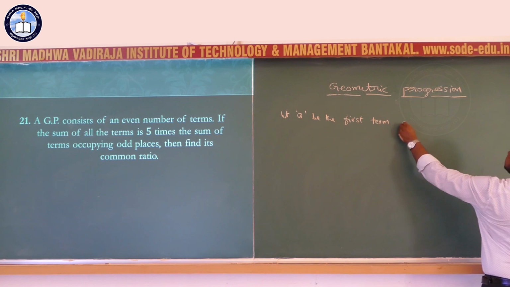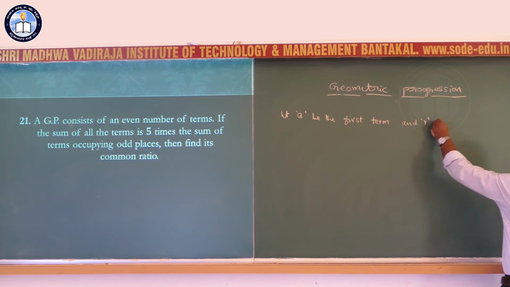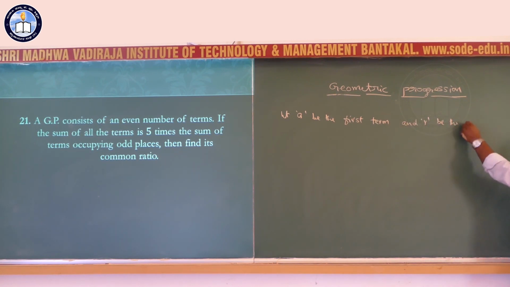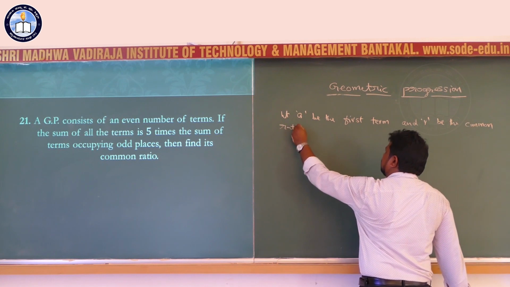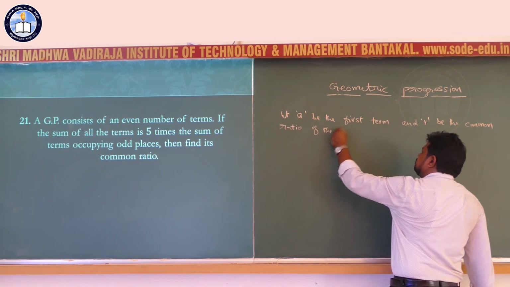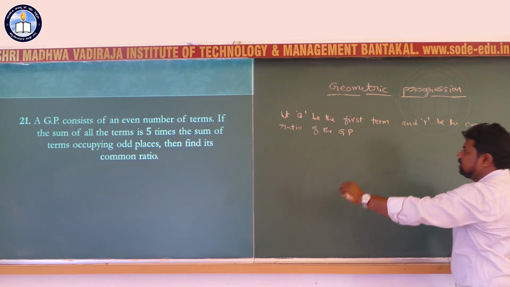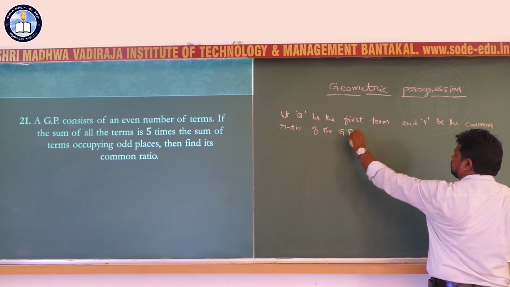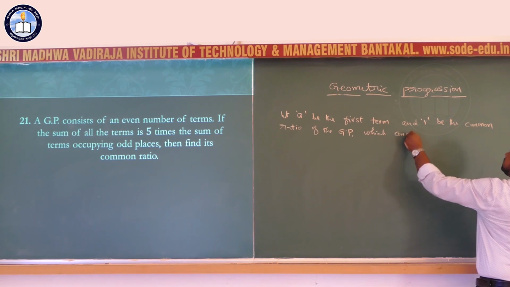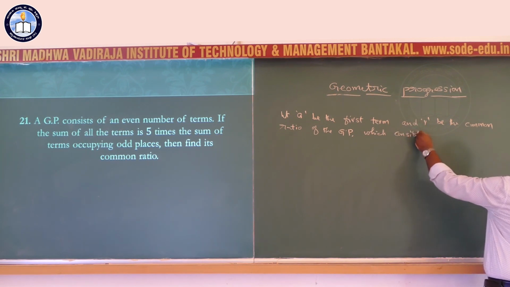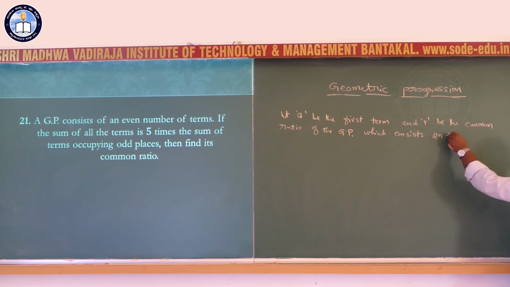Let a be the first term and r be the common ratio of the given geometric progression, which consists of 2n terms.